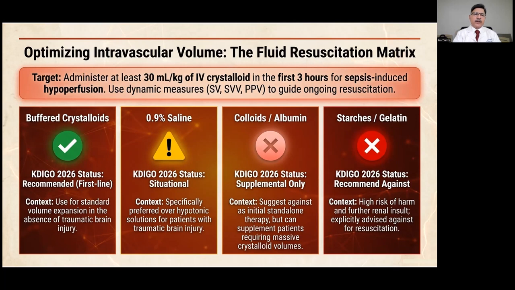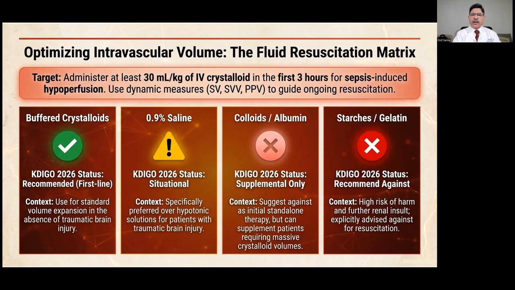Buffered crystalloids. KDIGO 2026 says use them for standard volume expansion in the absence of traumatic brain injury. 0.9% saline is specifically preferred over hypotonic solutions for patients with traumatic brain injury. No traumatic brain injury, use crystalloid. Traumatic brain injury, use 0.9%.